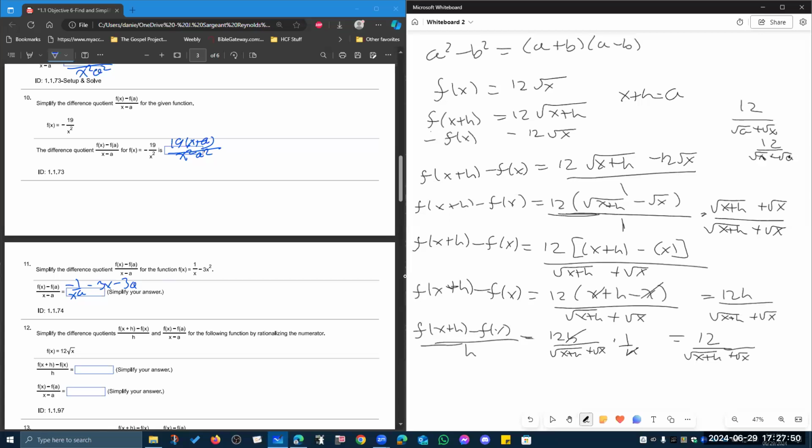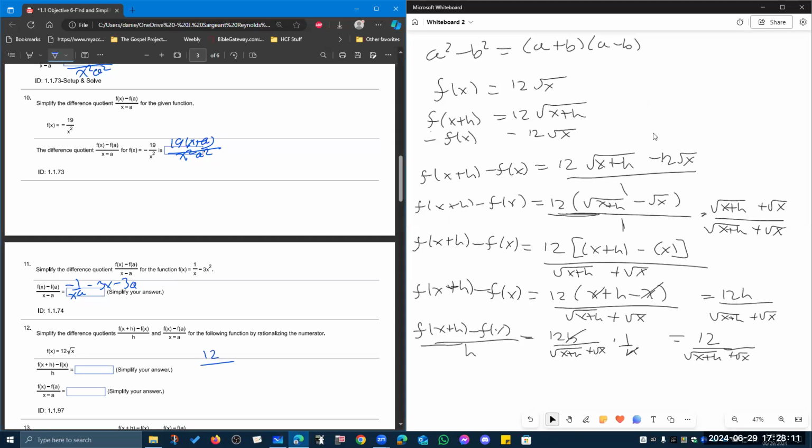We see them in the opposite order, but it's the same thing because of addition. So let's see if we get 12 over root x plus root a this time, because that's what we expect to get.